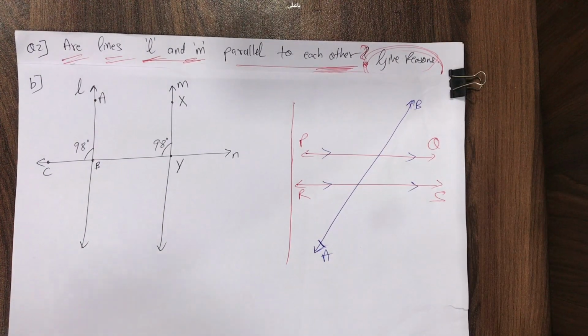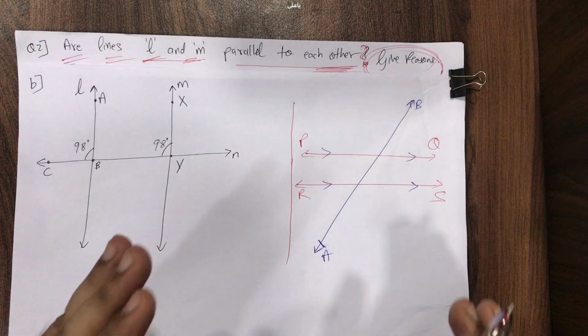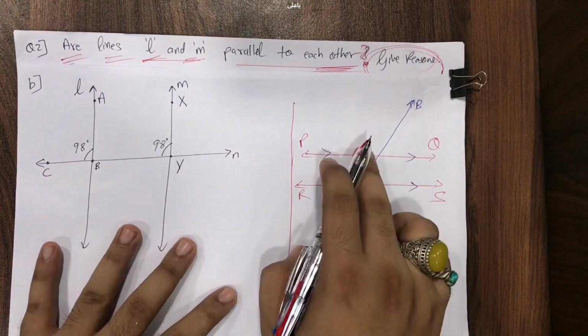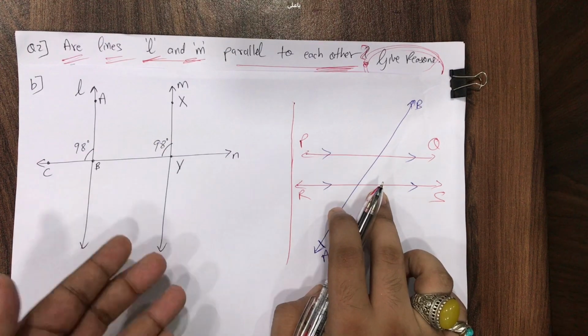So AB cuts the two parallel lines. Once again I repeat, it will be given to us that the two lines are parallel.